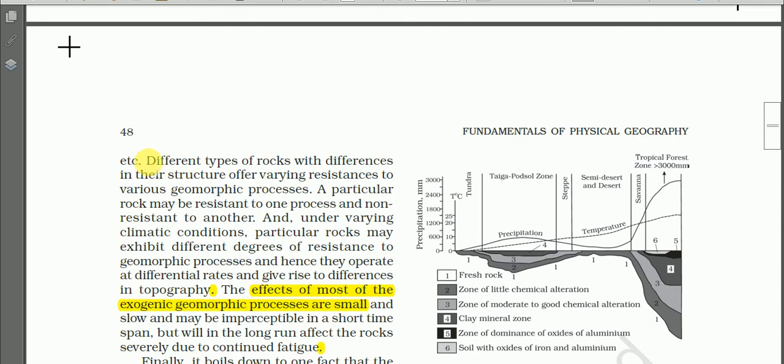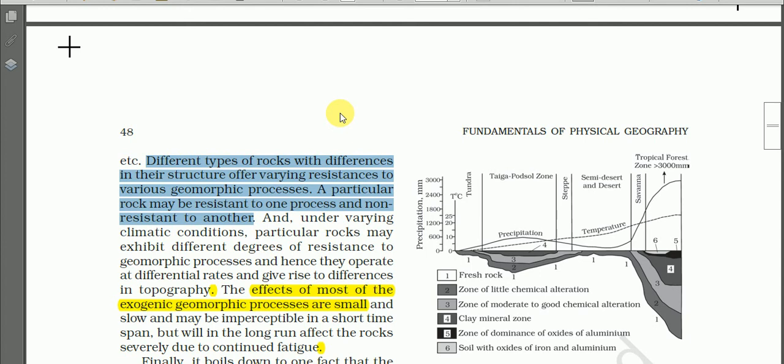So all these come under the term structure of the rocks. Different types of rocks, with differences in their structures, offer varying resistance to various geomorphic processes. These differences may be in the hardness or softness, in the angle of inclination of the bedding plane, in the susceptibility to chemical action, or in the permeability or impermeability of the rocks.